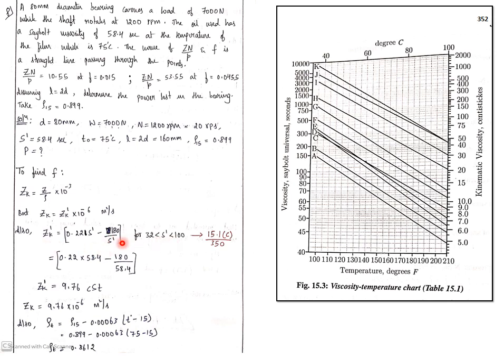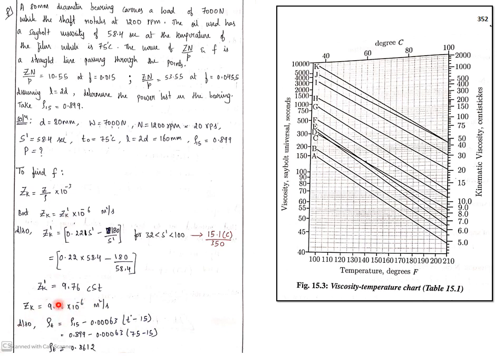You have to use this formula, and S dash, given in the question as the Saybolt viscosity of 58.4 seconds, you can substitute here to get the kinematic viscosity in terms of centistokes. The units are very important. The value you got, you have to substitute back here in terms of meter square per second.